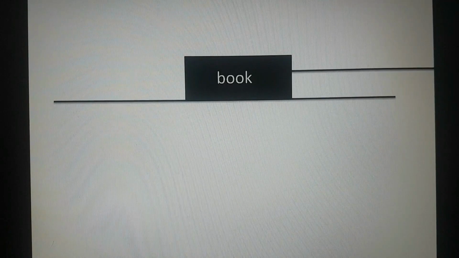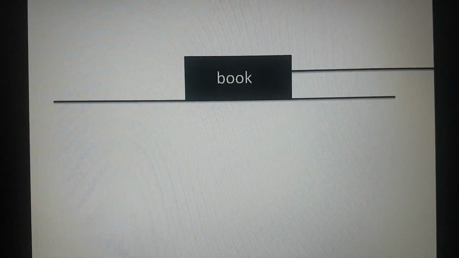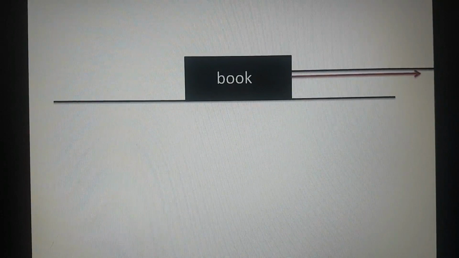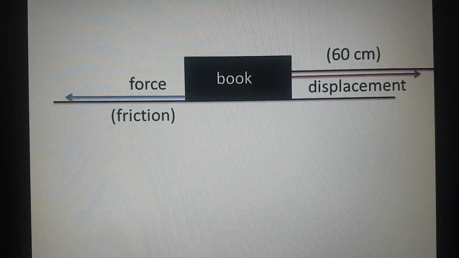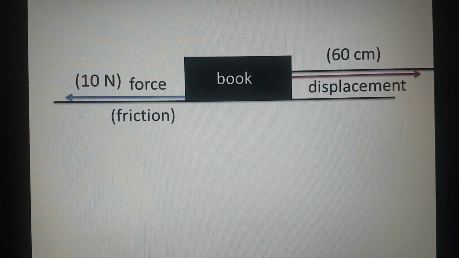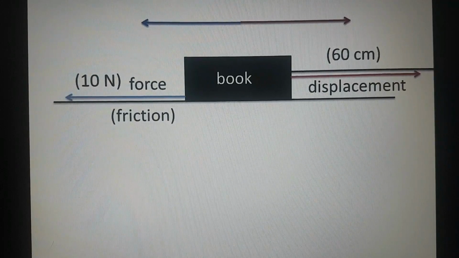In this situation, we want to know the amount of work done by friction on the book. So as the book continues to displace towards the right by 60 centimeters, there is a resisting force acting upon it, and we call that force friction. Let's say for example that the amount of force given by the friction on the book is 10 Newtons.